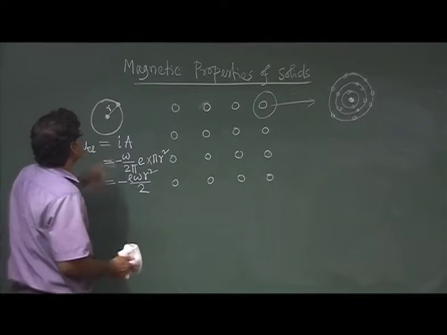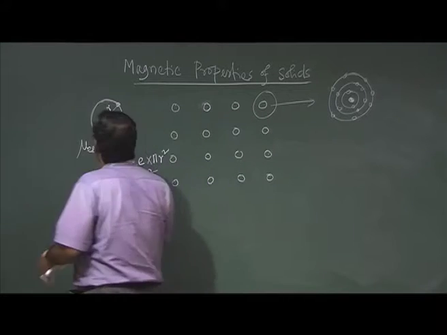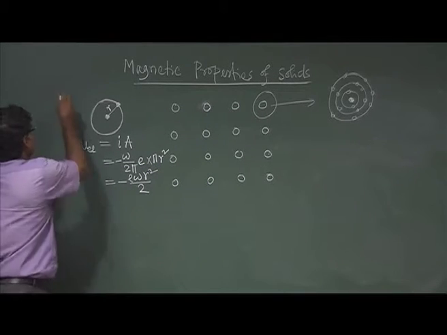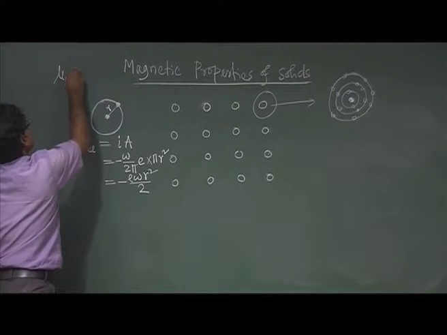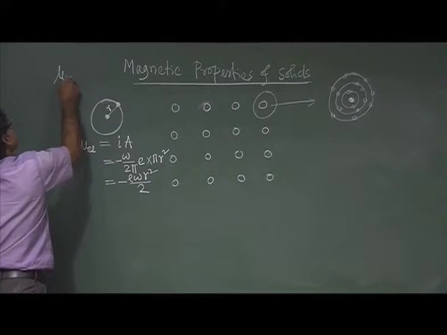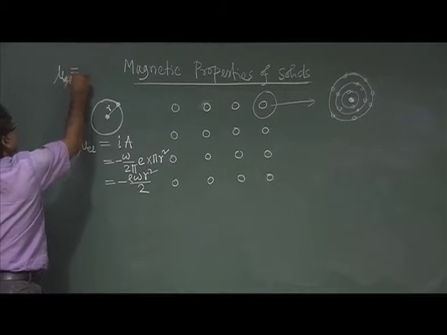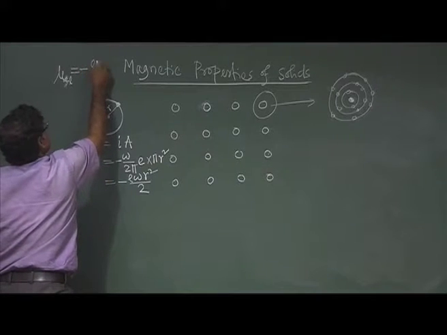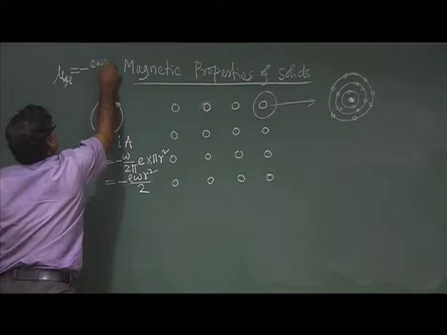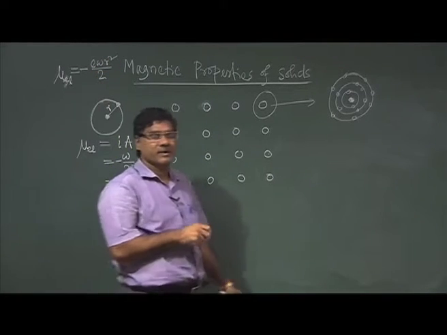So this is the one relation, let me keep it here: mu E L equal to minus E omega r square by 2.